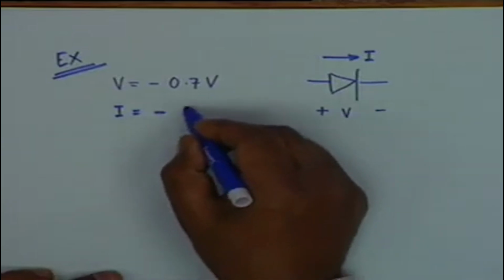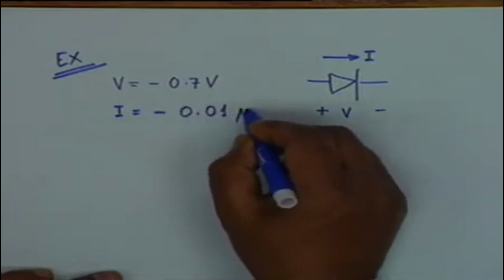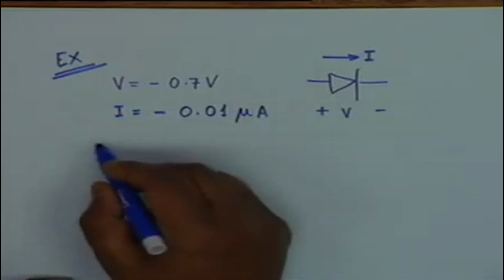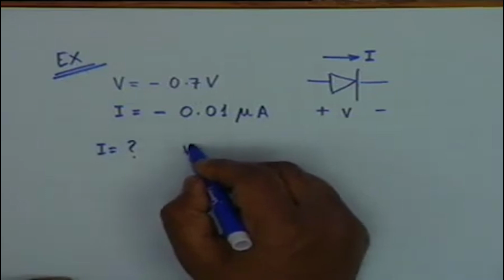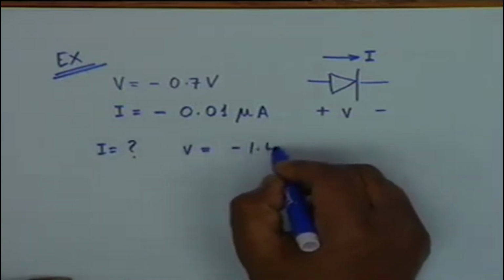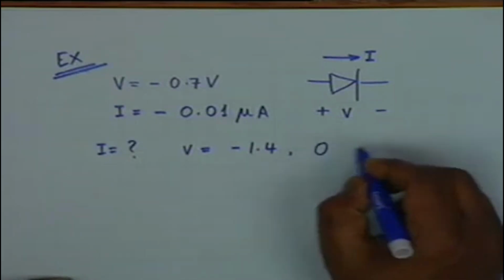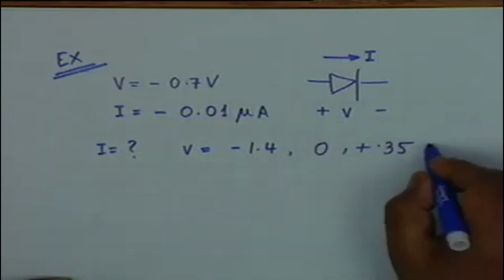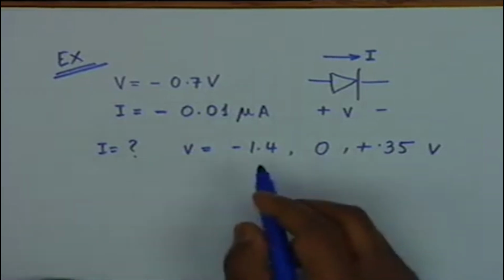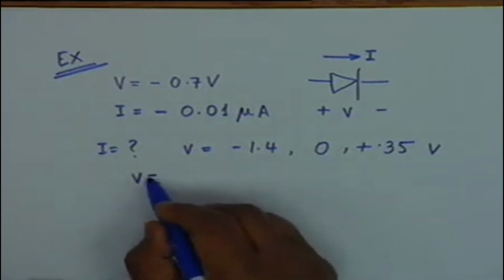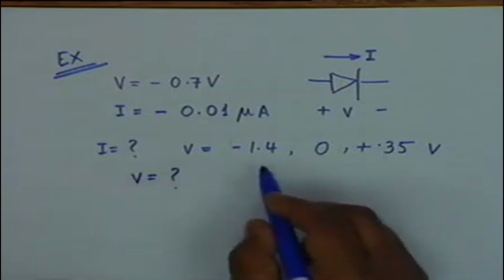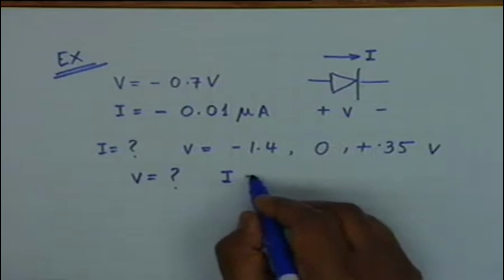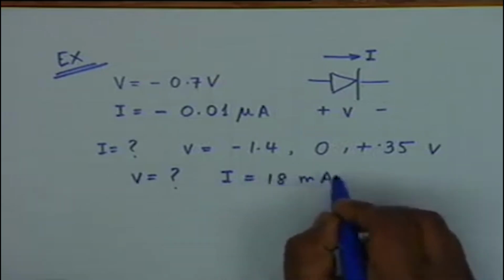Current is given as minus 0.01 microampere. You have to predict the current when V is equal to minus 1.4, 0, plus 0.35 volt. And in addition, you have to find out the voltage when the current is 18 milliampere.